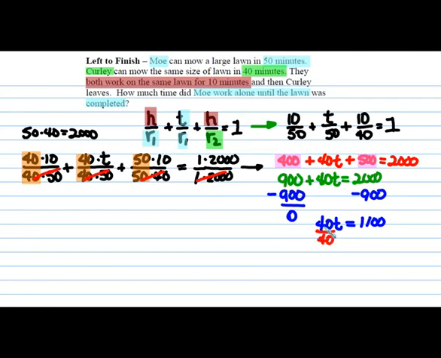So I divide 40 to the left-hand side, then I also have to do it to the right. And if you take your calculator, you take 1100 divided by 40, you get 27.5. And what am I solving for? The amount of time it takes Mo to finish the job when he's left alone. So my unit is in minutes.